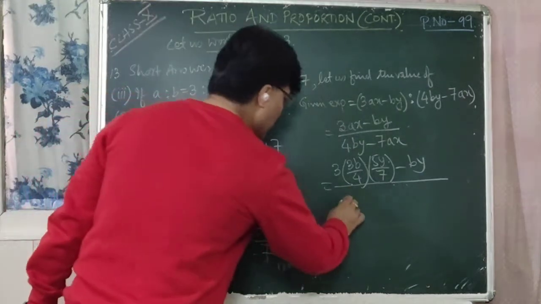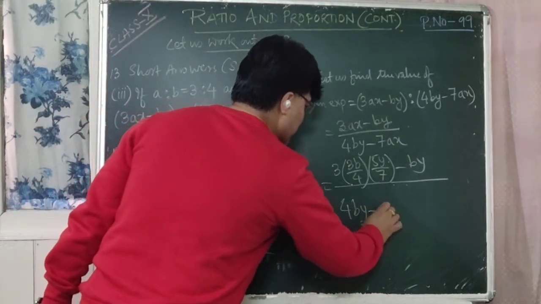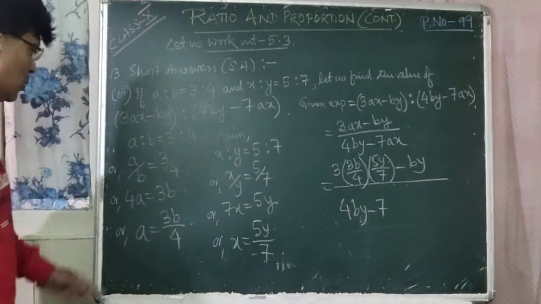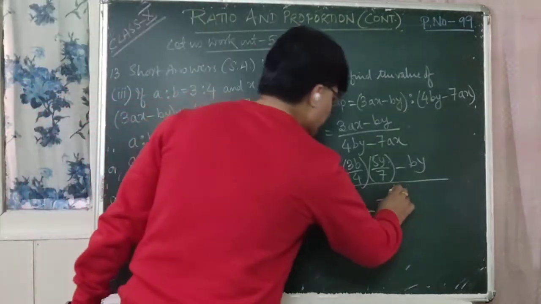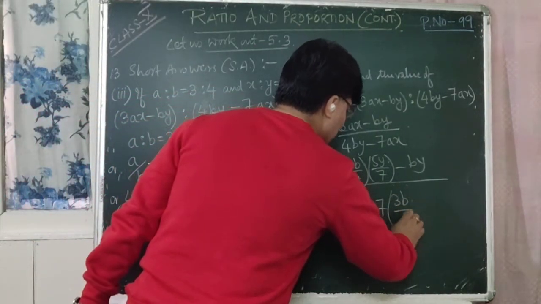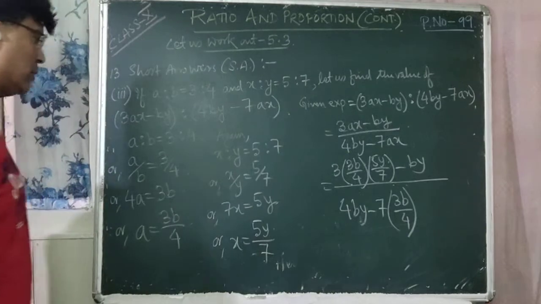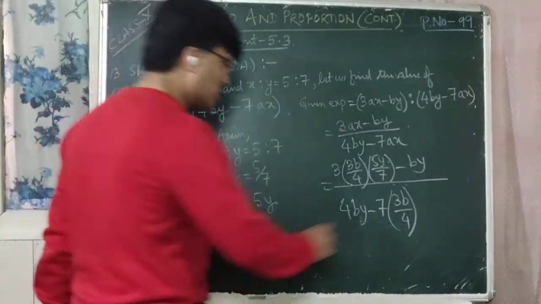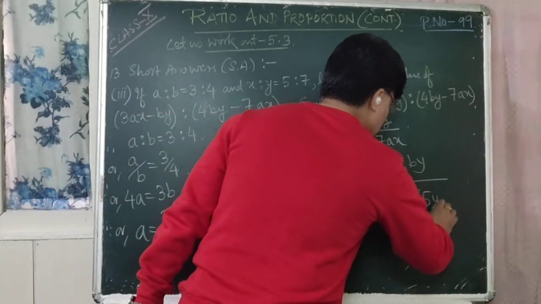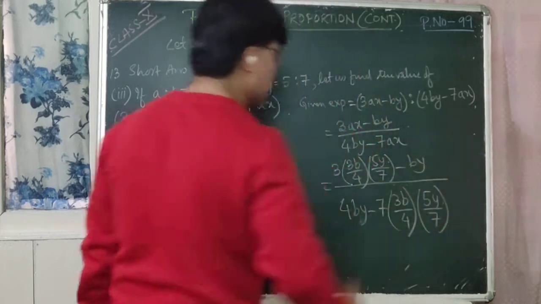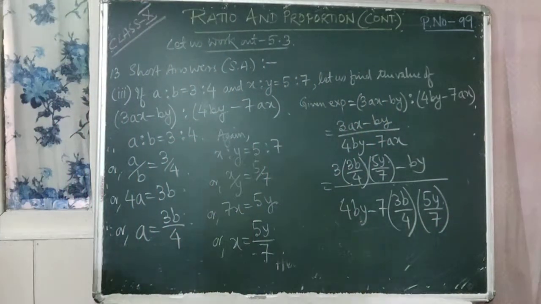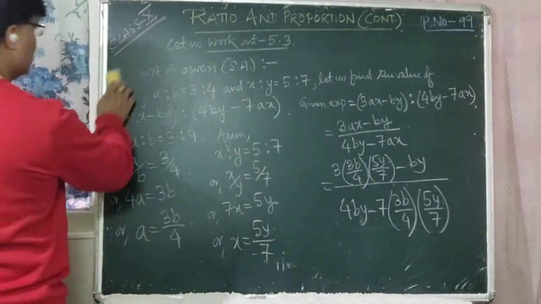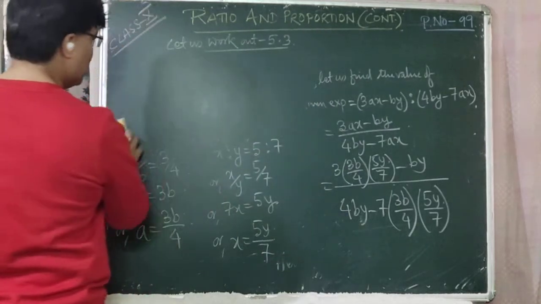Similarly, 4by is kept as it is, minus 7 into, what is a here? 3b by 4, right? And what is x? It is 5y by 7. Got it? So let's simplify it now.